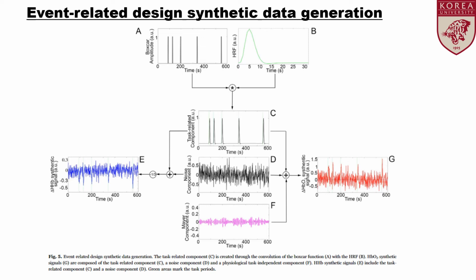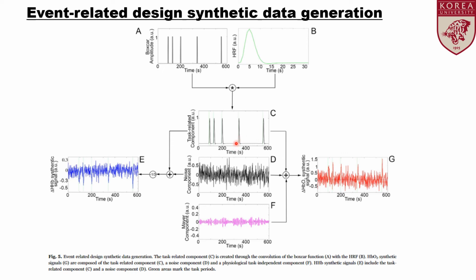Similar to the block design synthetic data generation, here we will define the boxcars in the seconds form to represent the events in the experimental paradigm, and we can take the value of events as a constant at any particular second according to our experimental paradigm, and we can also define the time course of the experiment, and we can define a hemodynamic response function, and we will convolve the event related boxcar function with the hemodynamic response function to obtain the design matrix.